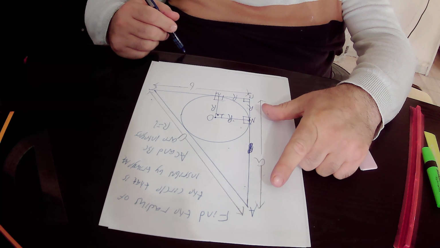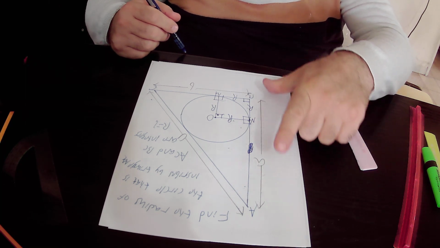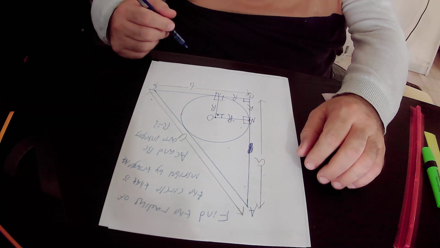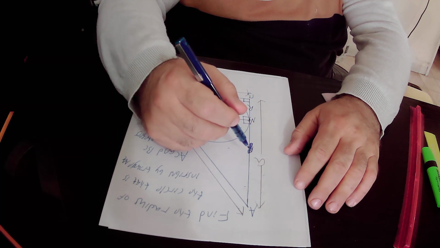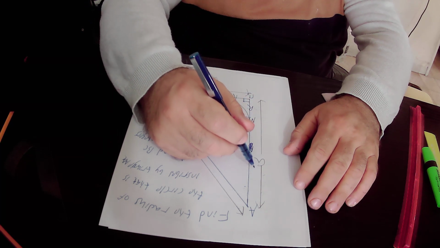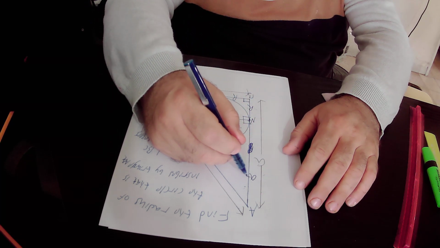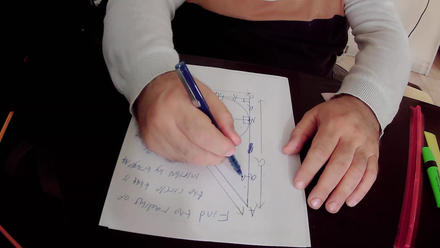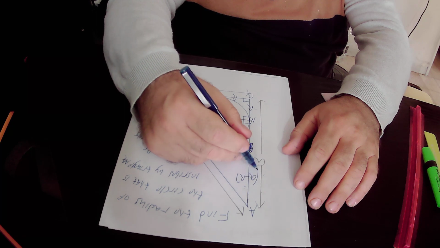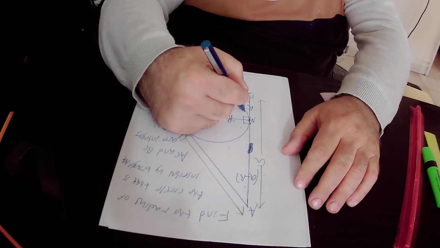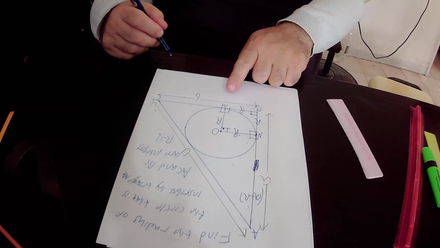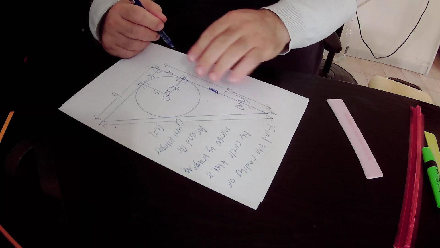Here, you can see it is very easy to see from the drawing that AN equals AB minus NB. That is to say, AN equals AB, that is A, minus NB, that is R. So in conclusion, we found out that AN equals A minus R. In the next step, we will find the length of line segment MC.